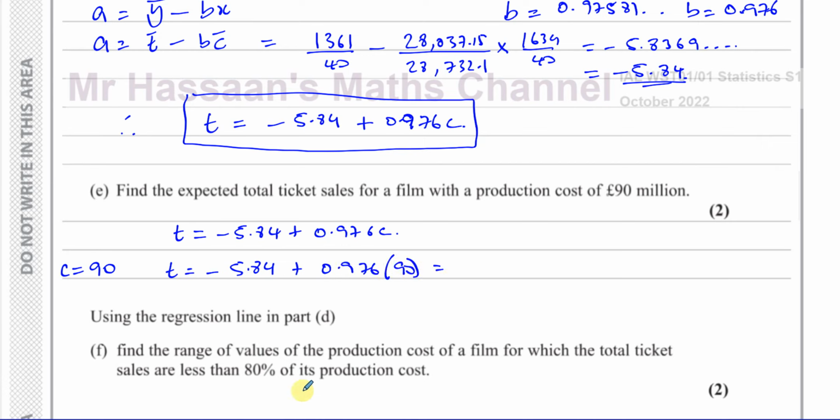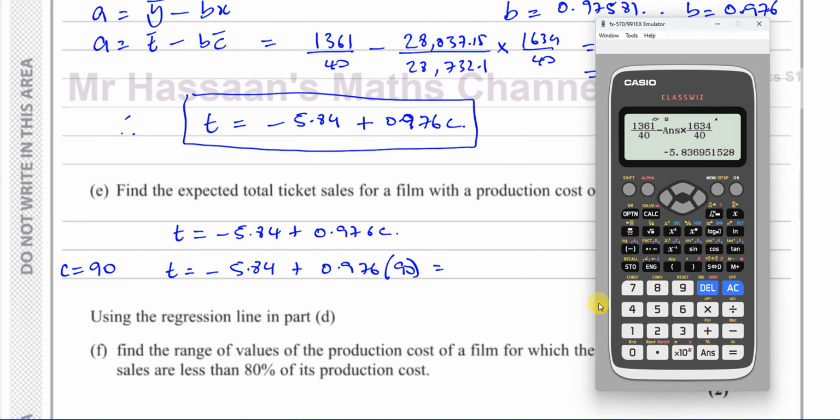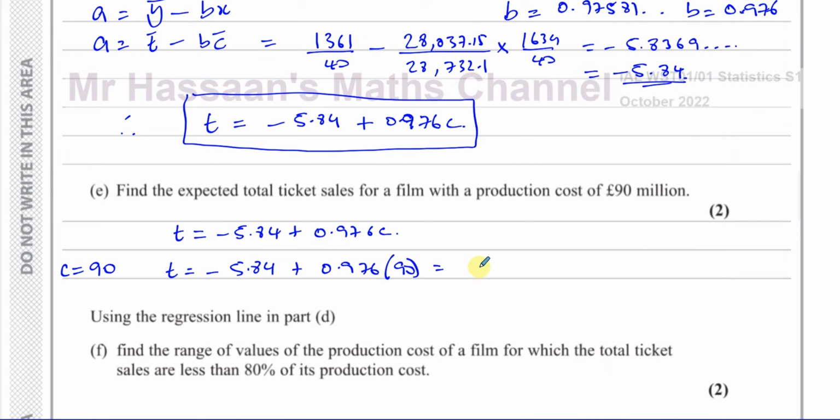And that will give me my answer. So I have minus 5.84 plus 0.976 times 90, which gives us 82.